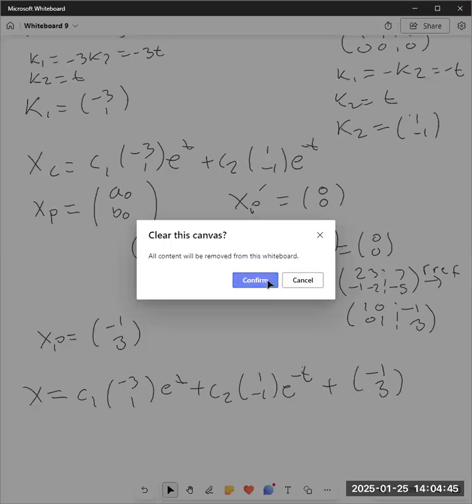I'm going to look at number 3 from the textbook. It's written as X prime equals [1, 3; 3, 1] X plus [-2t squared, t plus 5].